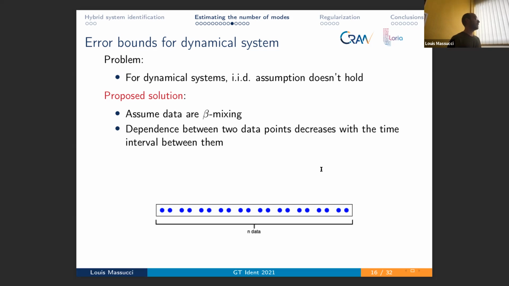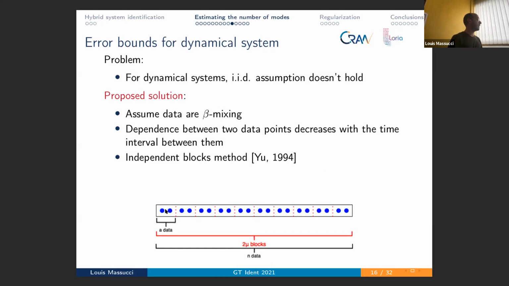This property means that the dependence between two data points will decrease with the time interval between them. So, for example, if we take the first point of my data set and the 6th point of my data set, the dependency between these two points will be weaker than the dependency between two consecutive points of this data set.